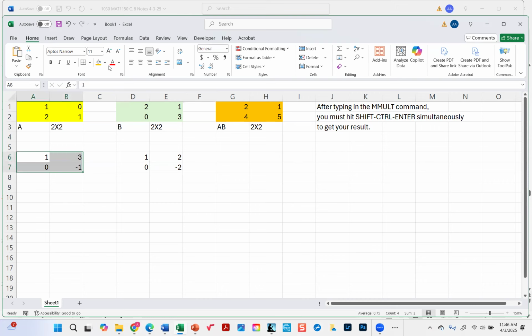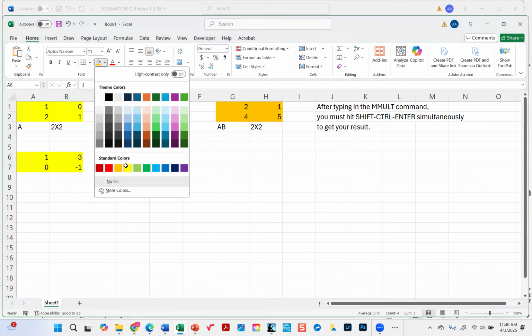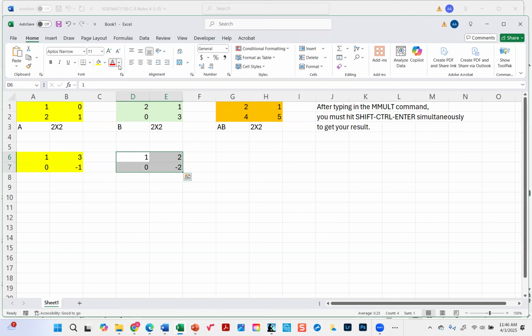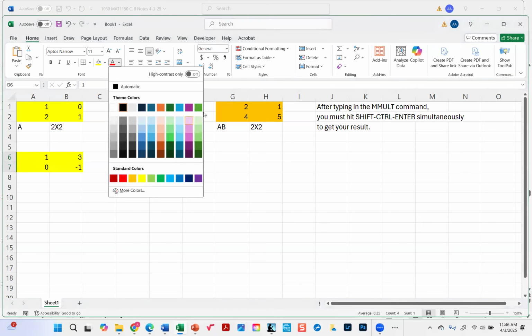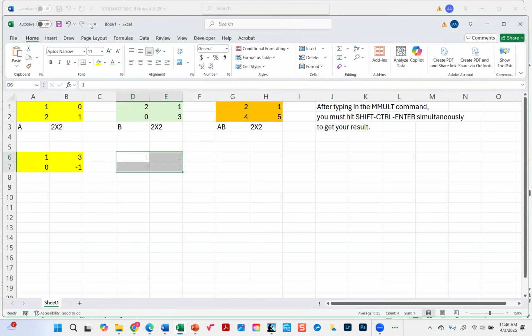So once again, I'll make this yellow, green. Oops, that's not what I meant to do. And I'll make these orange because I don't know what the answers are yet.